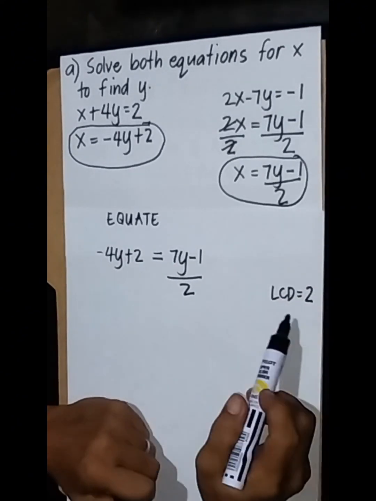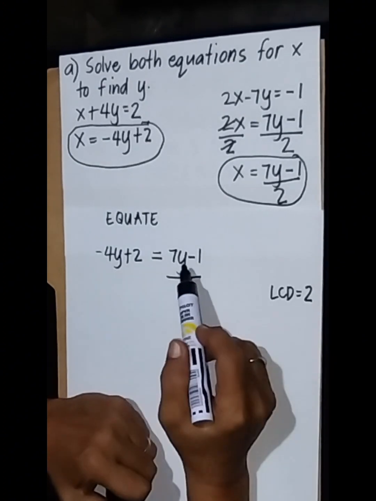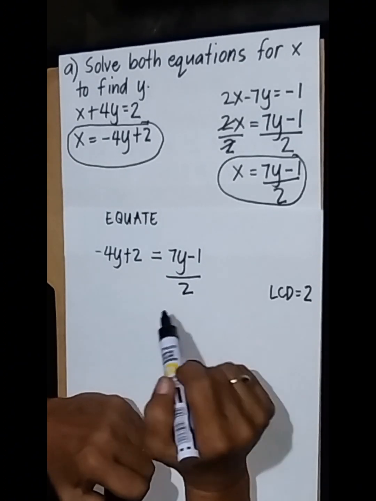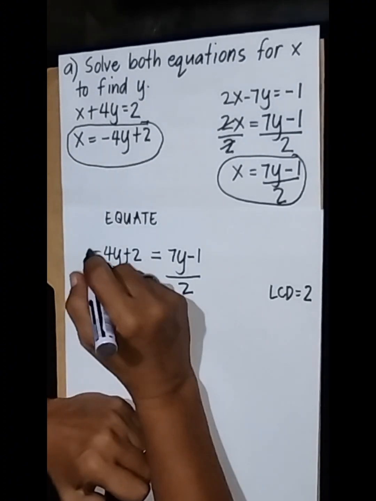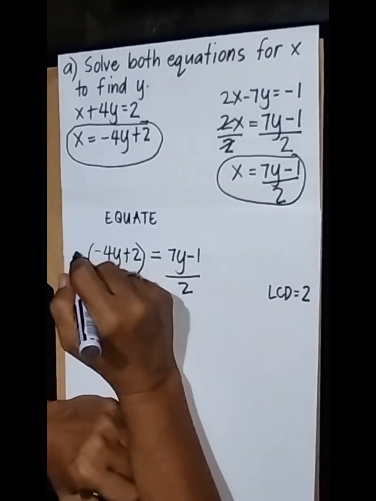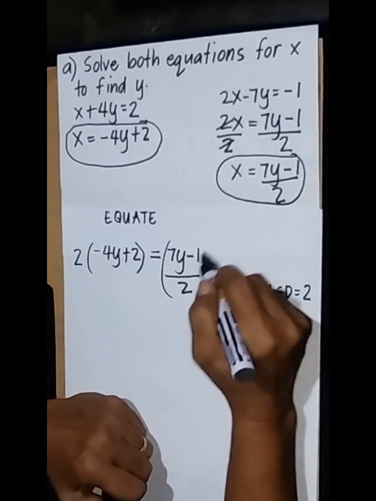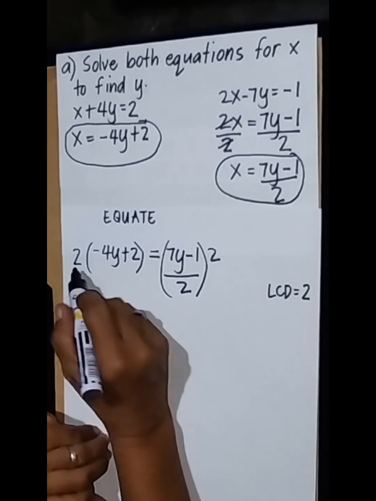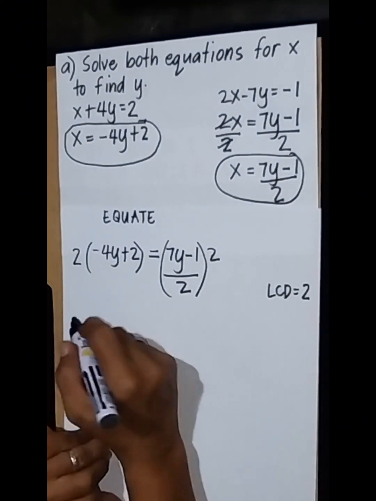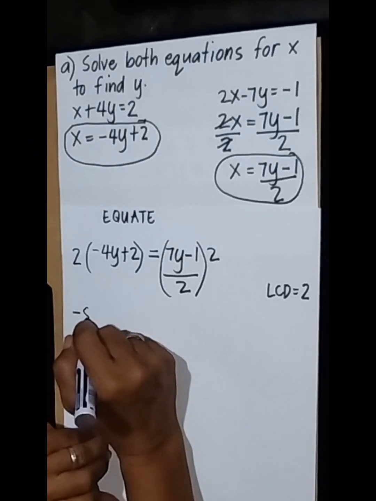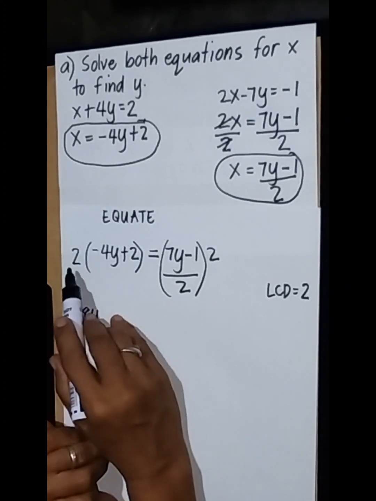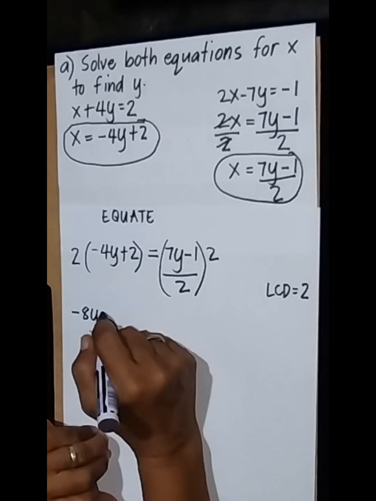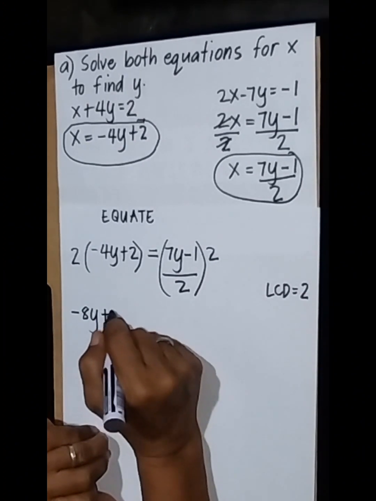So we multiply these equations by the LCD 2. So we multiply both sides by 2. This side we multiply by 2. So 2 times negative 4y is negative 8y. 2 times 2 is 4.